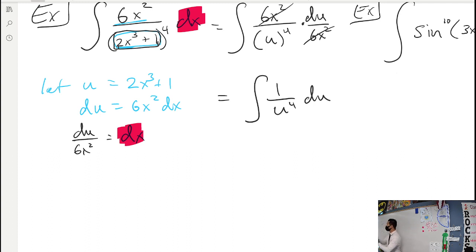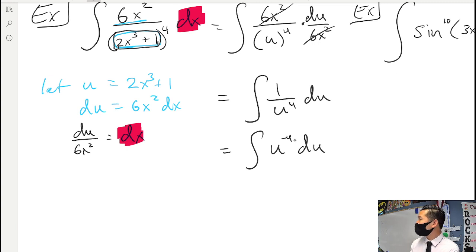The only one it doesn't work for is x to the negative 1, which we'll deal with when we get to it. For now, this equals the integral of u to the negative 4 du. That's the rewrite I need, understanding that x to the negative 4th is the same as 1 over x to the 4th. That's the technique we needed to get from here to here.